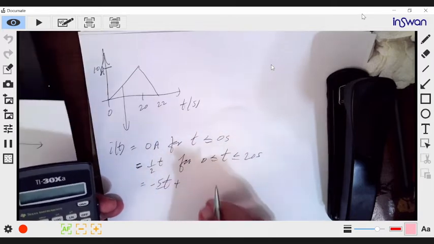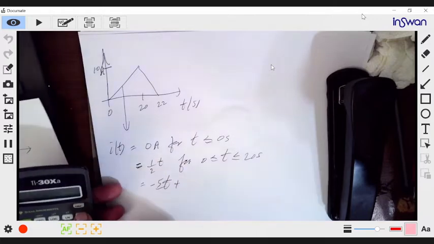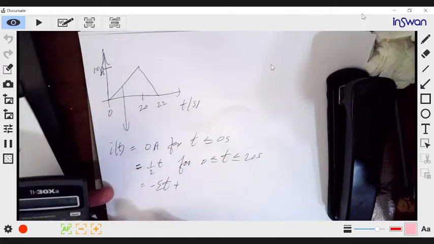And then we have negative 5t, negative 5t plus what? What's the intercept? Anybody, what's the intercept? What's the equation of this straight line here?